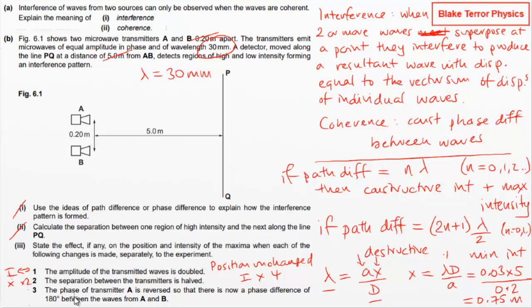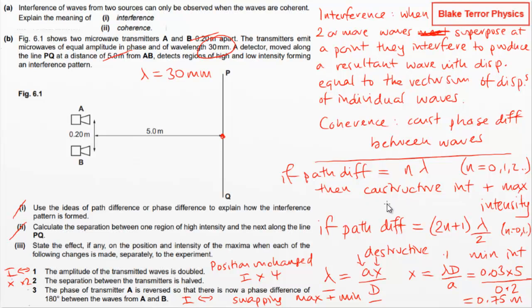And then the last one, the phase of transmitter A is reversed. So there's now a phase difference of 180 degrees. So again, the intensity is going to be unchanged. But now we're swapping maxima for minima, because we're going to be out of phase when we're meeting at this midpoint.